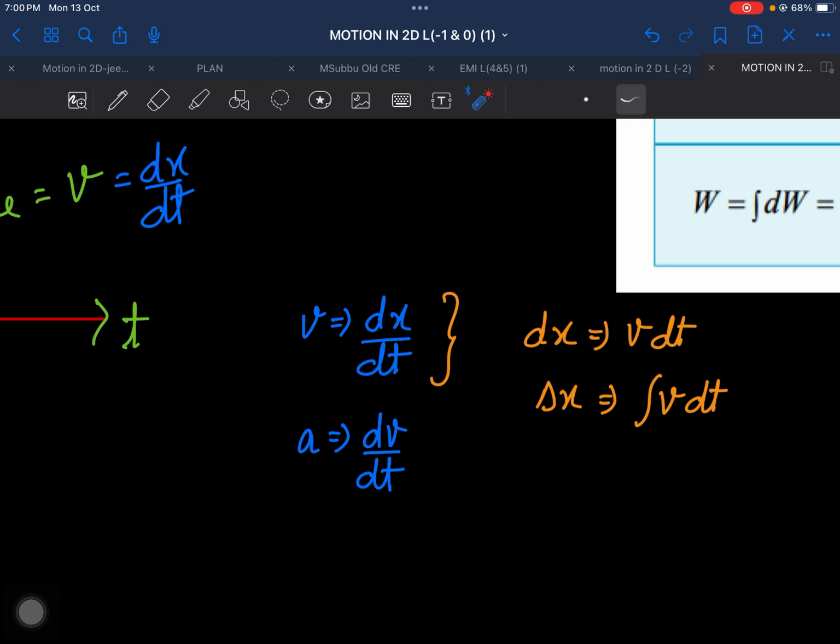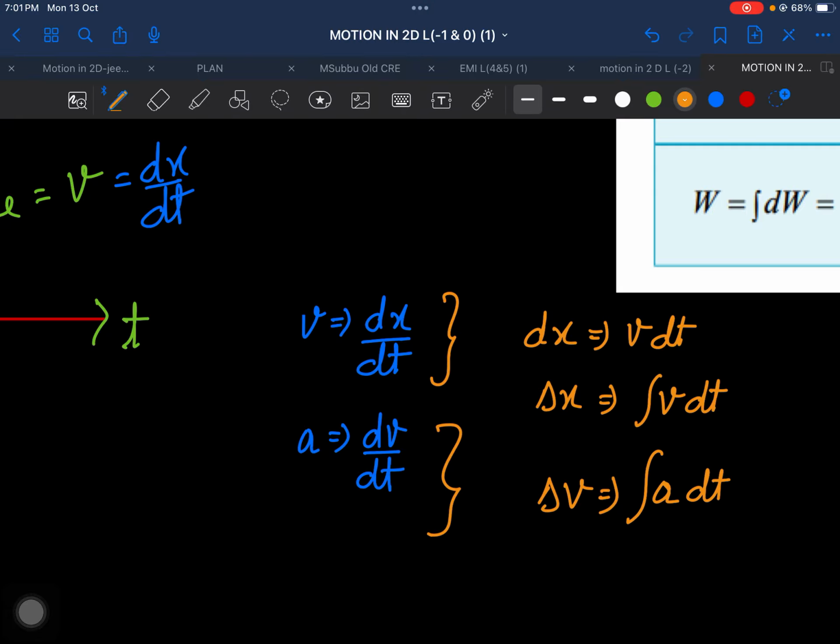And from here, in the same way, we'll get delta v equal to the integration of a dt. Let me write it more clearly. The integration of a dt. Just check, all of you.